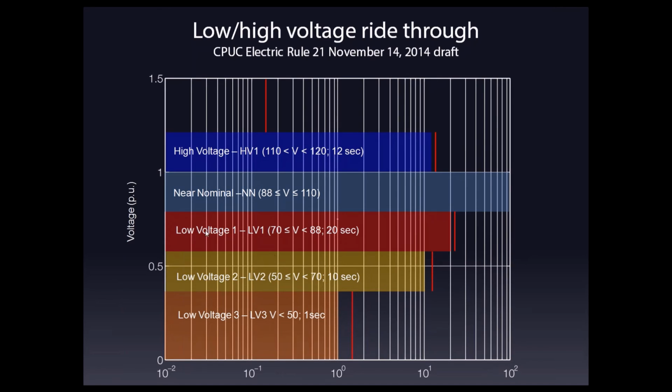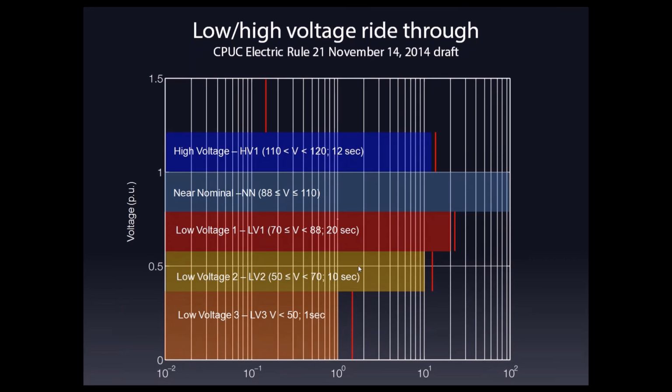Low voltage region number 1, what we call LV1. Basically, in case there is a low voltage ride-through, we actually need to support this low voltage ride-through for exactly 20 seconds. And if the low voltage ride-through persists up to the 21st second, this small red tick here is the point at which we need to disconnect.